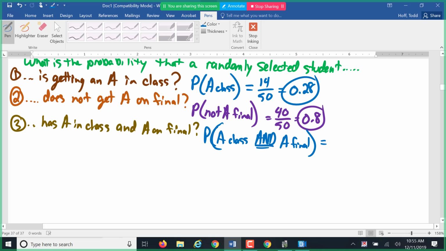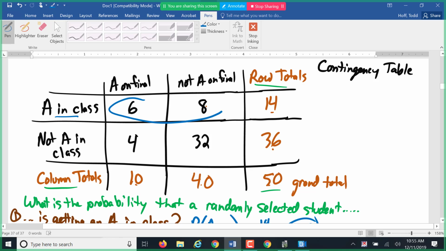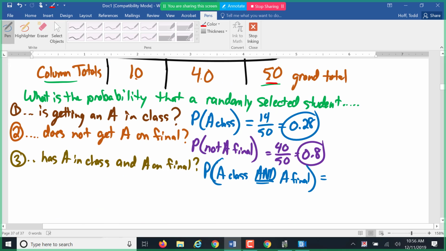Well, if we look up above, A in the class, that's these. A in the final, that's those. So the ones that meet both are those 6. They have both an A in the final and an A in the class. So there are 6 that do both out of 50. So that's 6 out of 50, or a 0.12 probability.